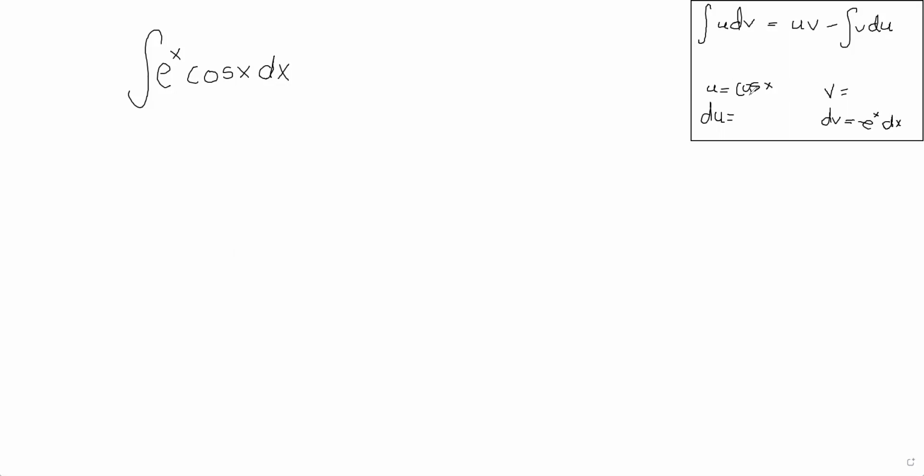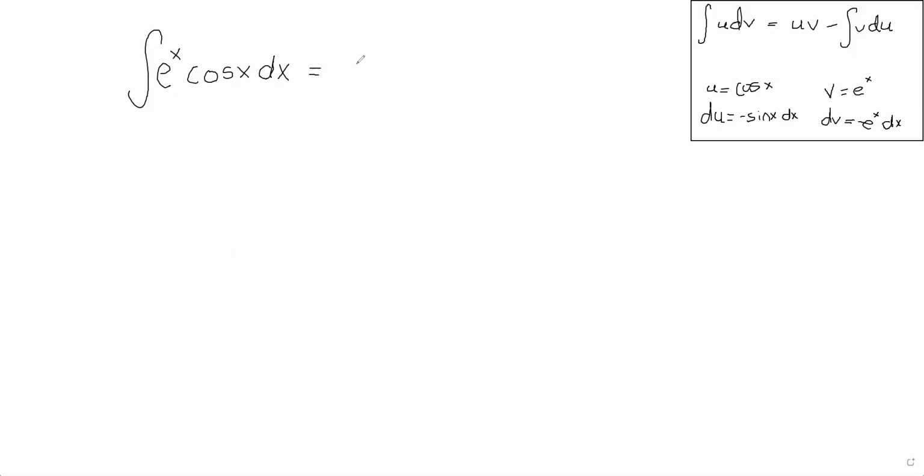So the derivative of cosine of x is going to be negative sine of x times dx. And then just like with the last problem, the antiderivative of e to the x is still going to be e to the x. So now is when we want to start substituting things in.